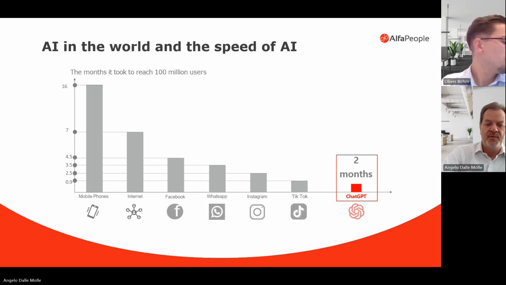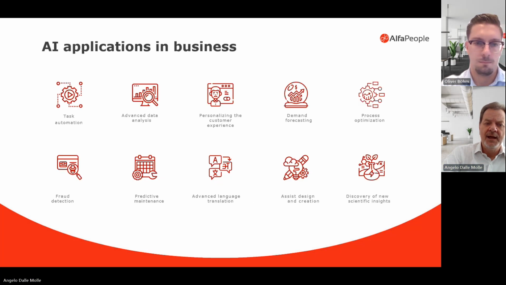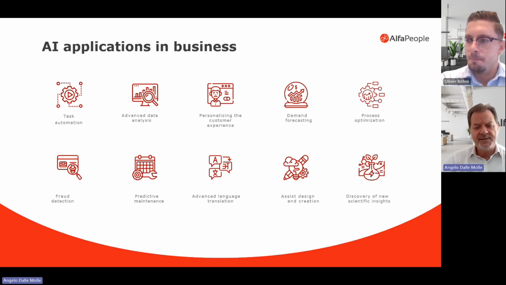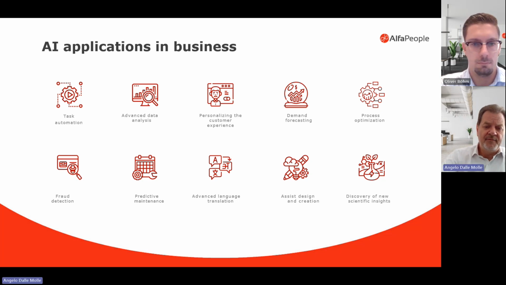So now, when we look at the applications in business, I don't think there's anything in this slide that you're not familiar with, right? Everything here has been around for quite some time and has been used in large companies. They were expensive. They took very specialized people to deploy.